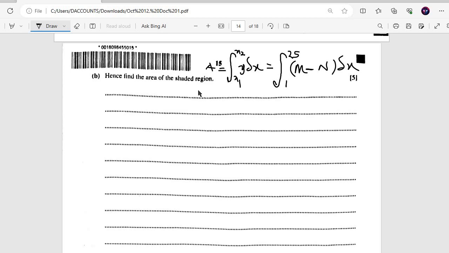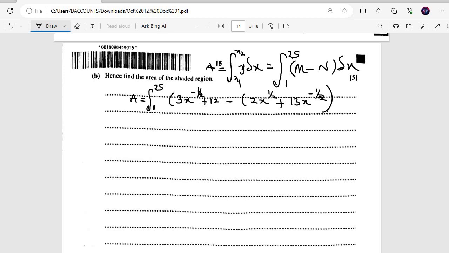So at the end of the day, the area of the shaded region, 25 to 1, m minus n. Our m is 3x to the power minus half plus 12, minus our n is 2x to the power half plus 13x to the power minus half.